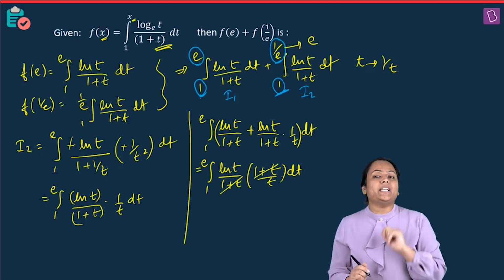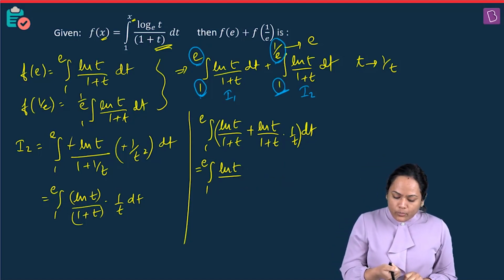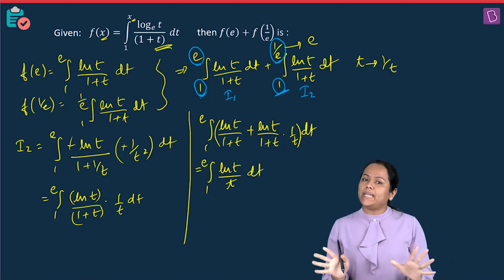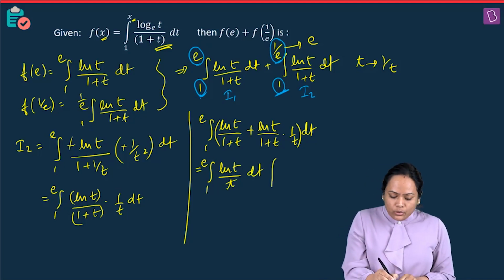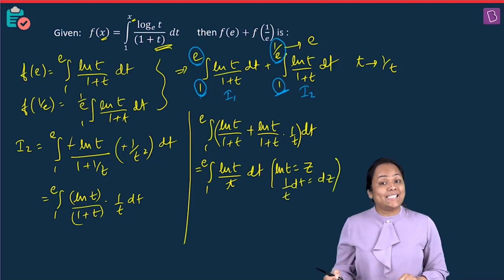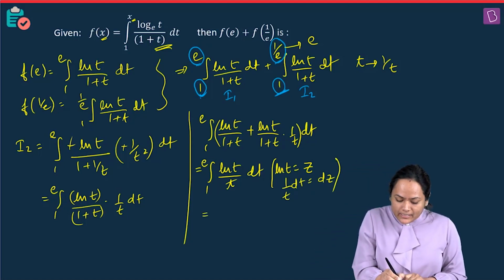Understood? So finally what are we left with? Well, we are left with ln t divided by t dt, which is now very easy to integrate, because if I take ln t as z, my derivative 1 by t dt will become dz, right? So I can directly integrate it and substitute the value.